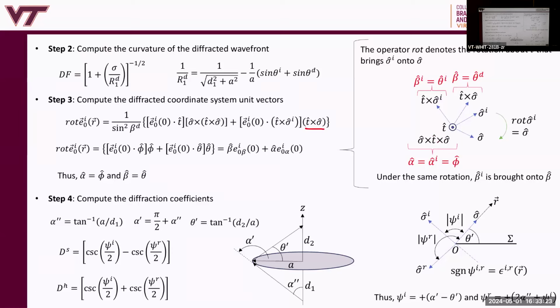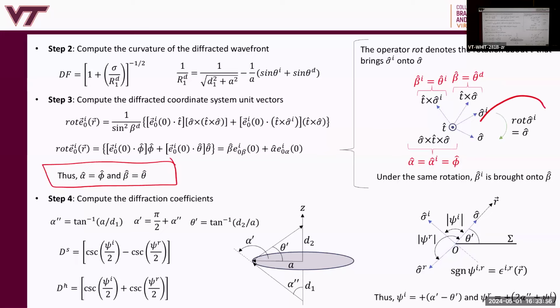We know that one is orthogonal to phi hat and orthogonal to the diffracted ray, which means that this is beta or theta. All right, and t crosses sigma incident dotted with E naught incident allows us to account for the difference in the amplitude. All right, so we can identify there that alpha equals phi and beta equals theta.